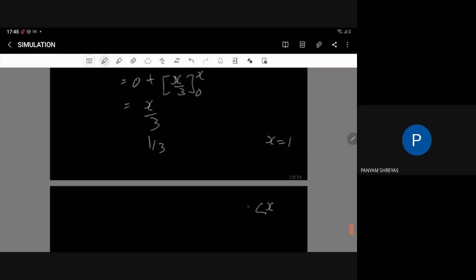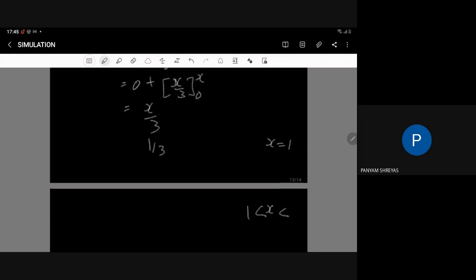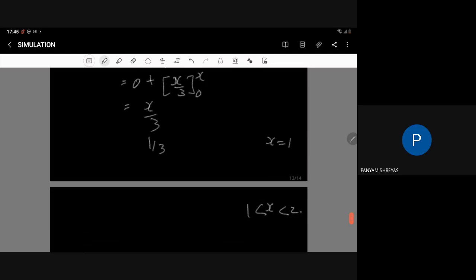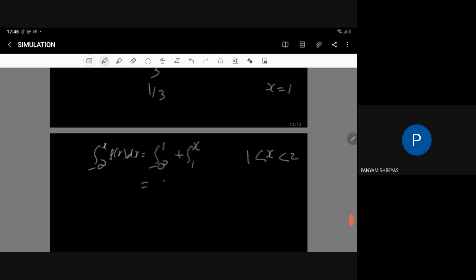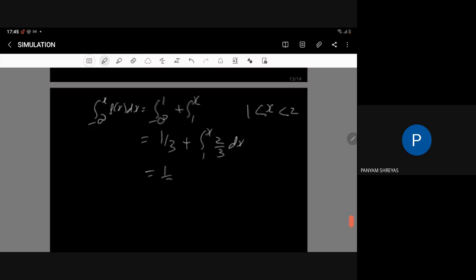When x is greater than 1 but less than 2, the integral from minus infinity to x of fx dx can be written as the integral from minus infinity to 1 plus the integral from 1 to x. For the first range it is 1 by 3, plus for the range 1 to x, 2 by 3 dx. So this is 1 by 3 plus 2x by 3 from 1 to x.